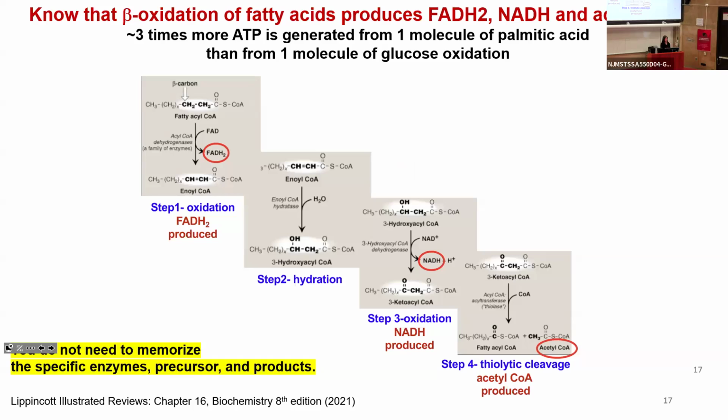Krebs cycle, right? Acetyl-CoA feeds into the Krebs cycle. Yes, and FADH2 and NADH are energy carriers that feed into complex 1, NADH, and complex 2, FADH2. So from one round of beta oxidation, you're going to generate these reducing equivalents and then acetyl-CoA.